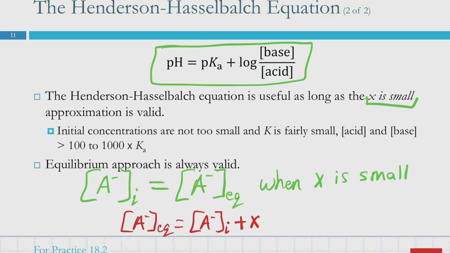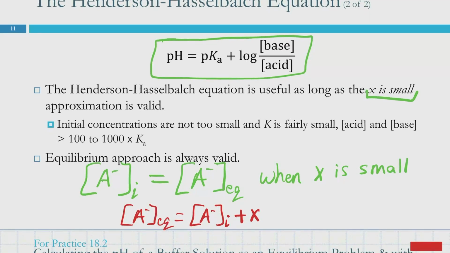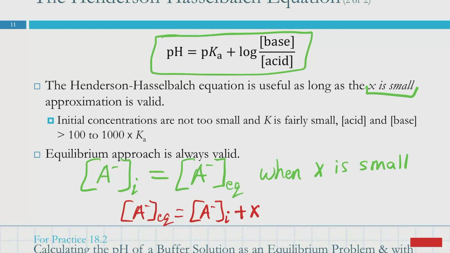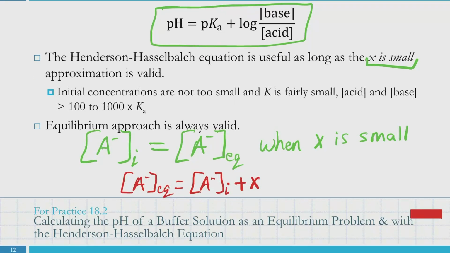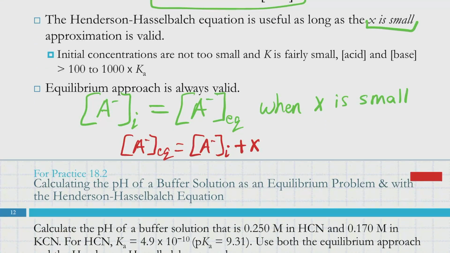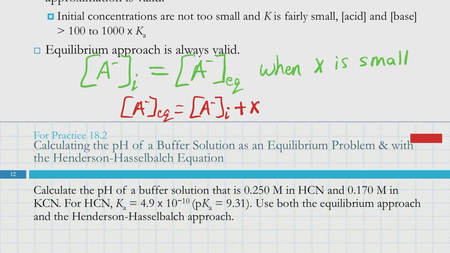And for our acid, we'll have a minus x term. Those don't get canceled out if x is not small. That also means that we are getting an approximation with the Henderson-Hasselbalch equation. Anytime we want to, though, we can use our ice table approach.